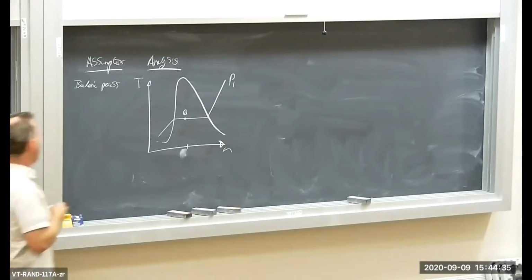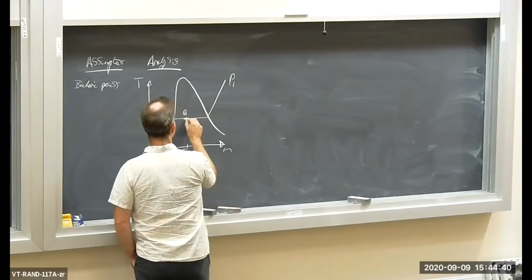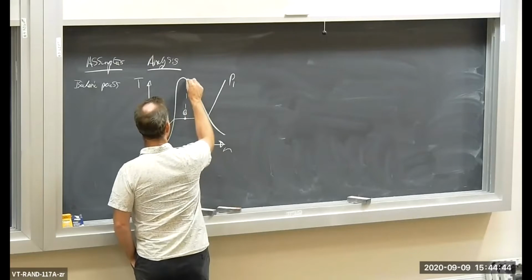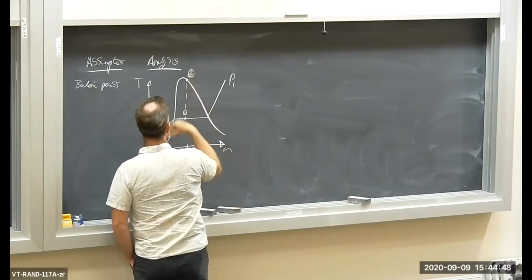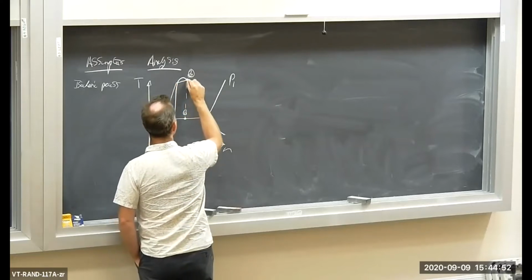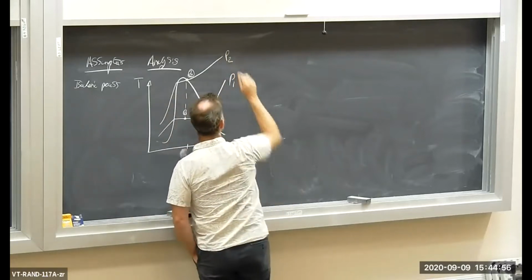Okay, isochoric process until we get to a saturated vapor. So we're moving up here, and then that is state 2. Okay, and there's an isobar that goes through there. So there's P2 right there, okay?